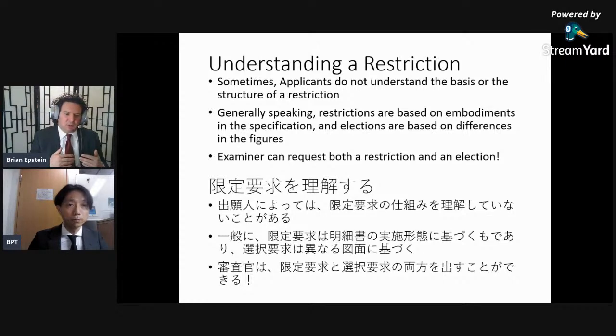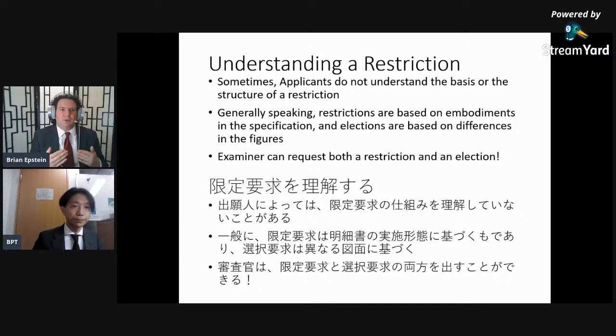So let's take a step back and think about how examiners make restrictions and elections. An examiner has a lot of discretion in terms of how they do it. Originally, and by originally I mean 60 years ago, restrictions were based on embodiments in the specification.